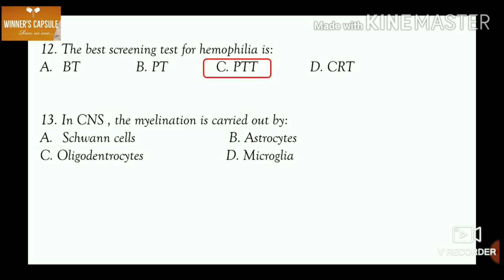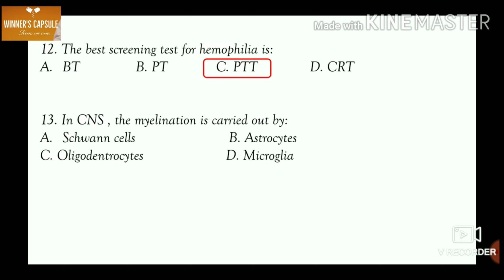Hemophilia is caused by factor 8 or 9, which are factors of the intrinsic pathway. So the best screening test for hemophilia is partial thromboplastin time. Prothrombin time, that is PT, is ideal to assess the integrity of the extrinsic pathway of blood coagulation, whereas the intrinsic pathway is best assessed using partial thromboplastin time.